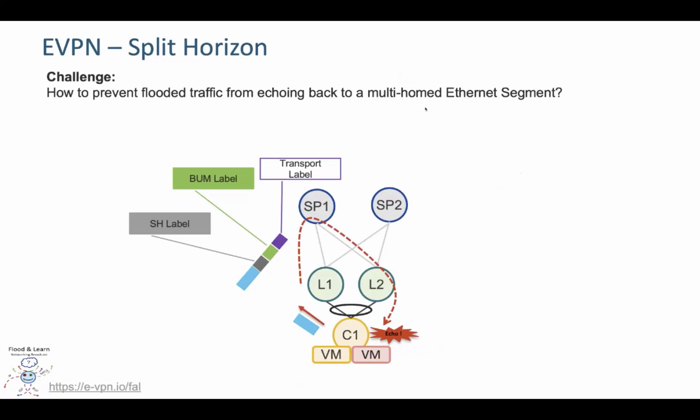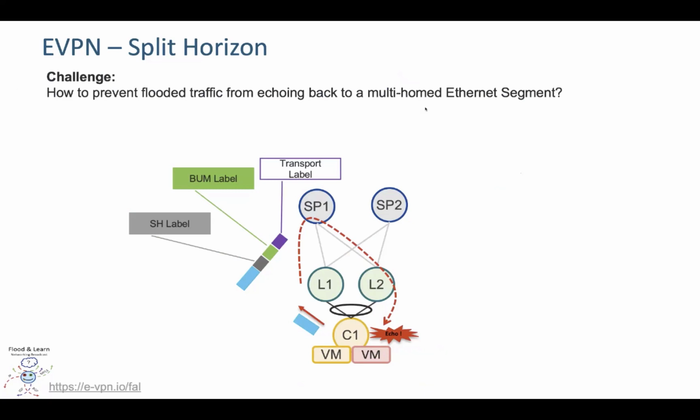Here we cannot use the DF mechanism which we used on the remote nodes, because imagine that in this case L2 would be DF for this particular EVPN instance, and you are not able to control if the C1 will send this BUM traffic to L1 or L2. So what we are doing here with the MPLS data plane is imposing one additional label.